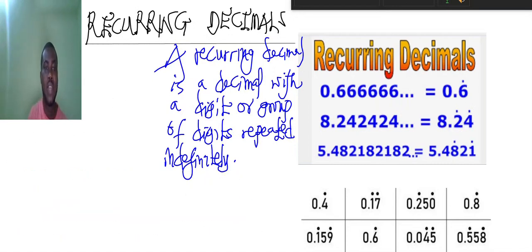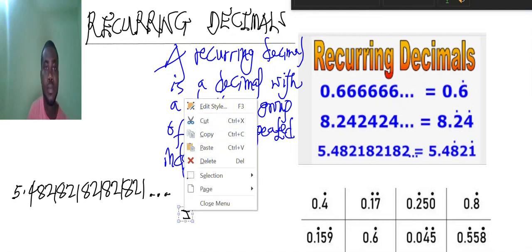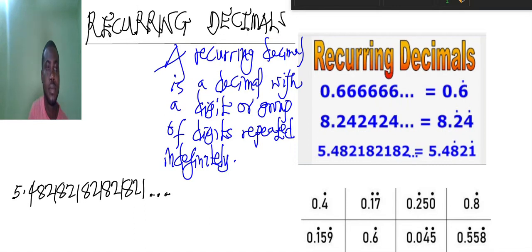Let's see the last one we have there. We have 5.4821821821... 821, 821, 821 like that in that pattern. The group of digits that keeps recurring is 821.